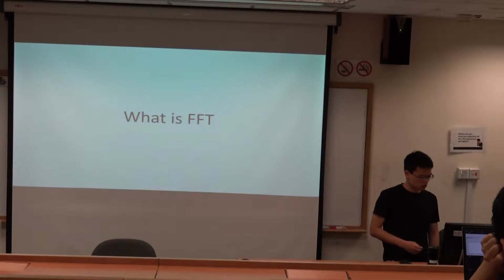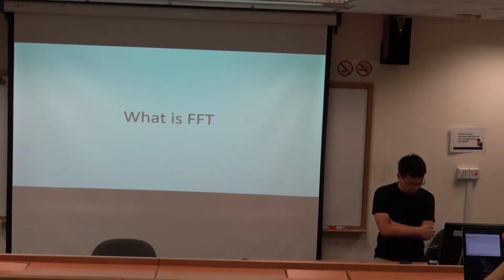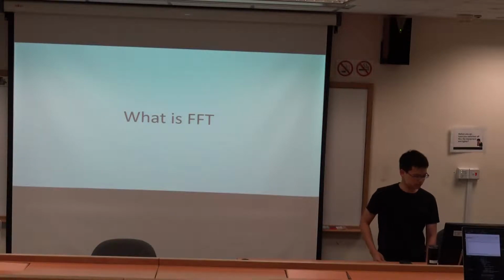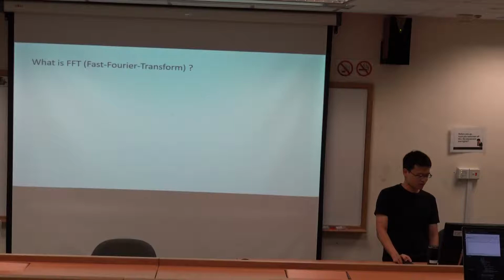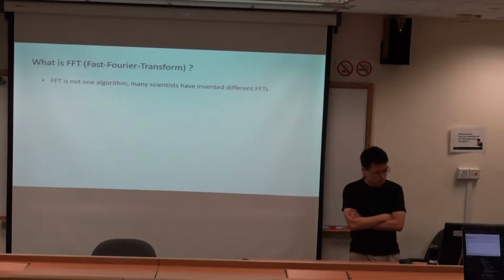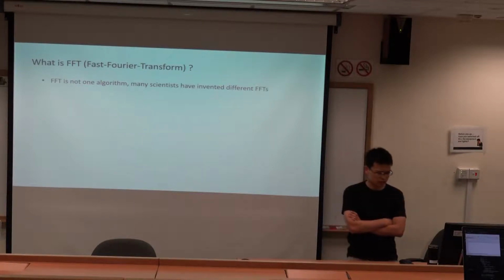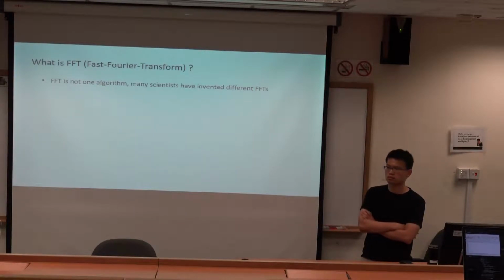Okay, so now I want to tell you what FFT is. You might have heard this many times, and you don't know the difference between FFT and DFT. Actually, FFT is not one algorithm. It's fast Fourier transform, because DFT takes a lot of time to calculate.